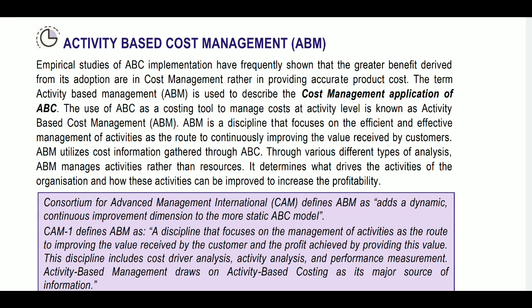So above we discussed that it is a manufacturing environment where support function overhead constitutes a large share of total cost, and it provides more realistic and accurate product costing. Activity based cost management is a discipline that focuses on management of activities to improve the value received by the customer, and we will achieve our profits. And for this, there are three drivers.